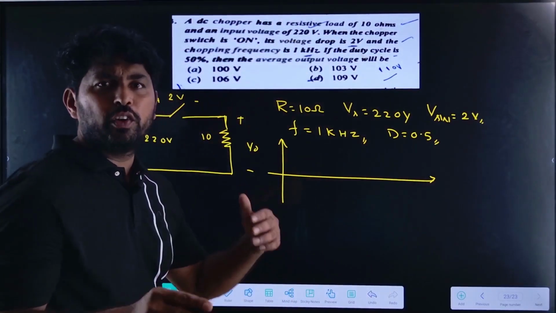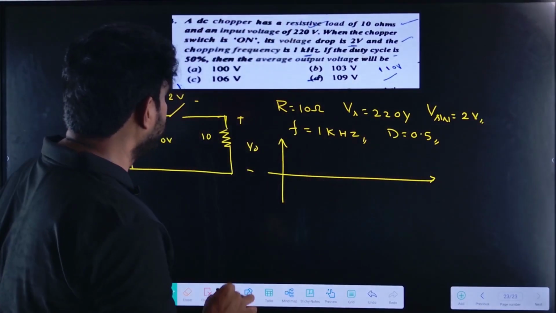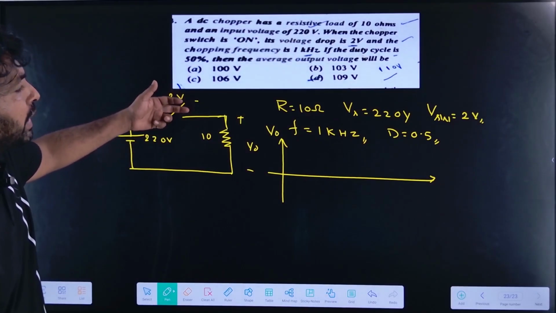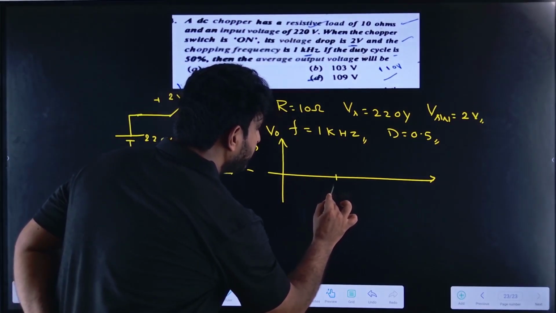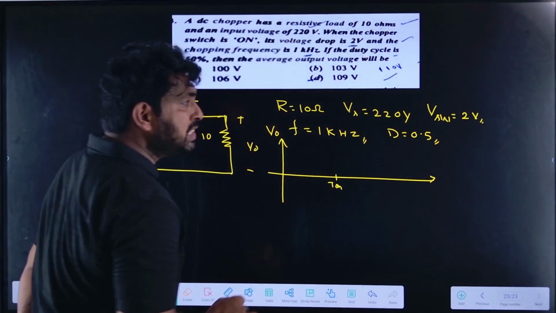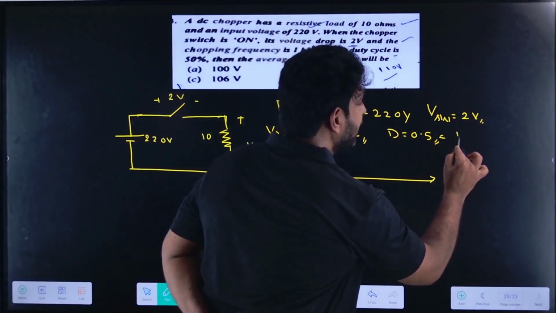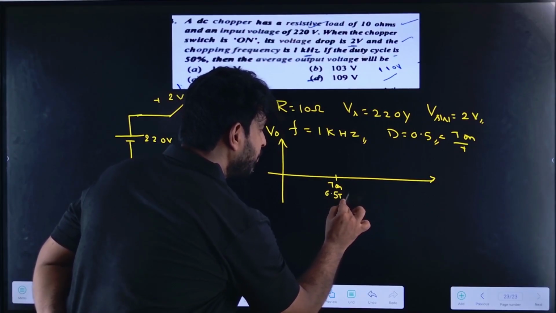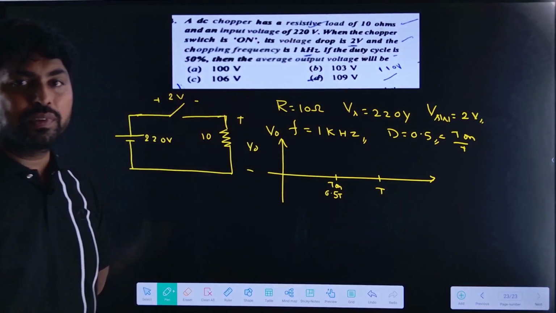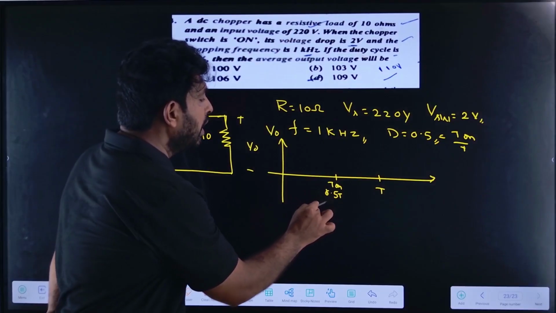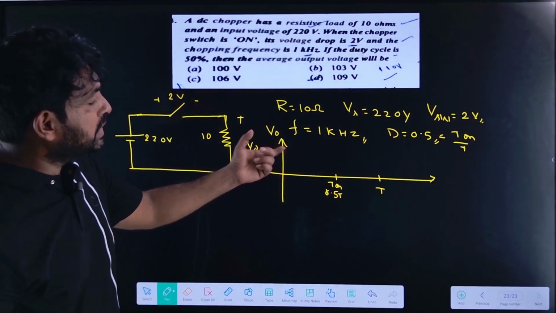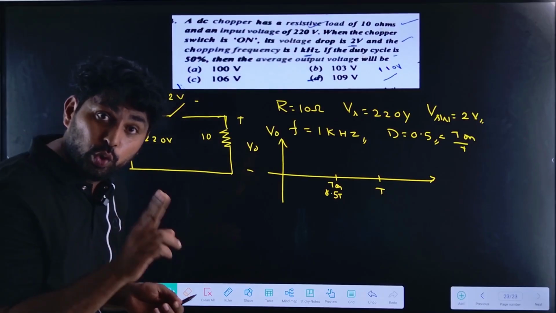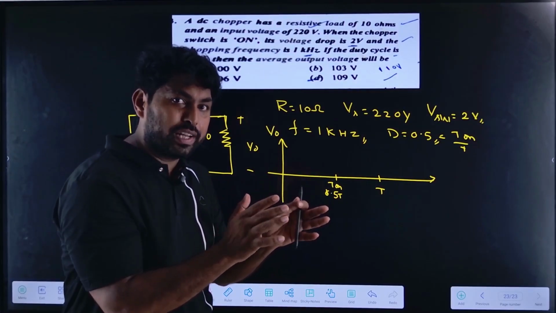If you know the concept, you can solve it in less than a minute, but let me explain clearly. When the switch is in on condition, up to T on, that is T on by T is 0.5, so half of the time, 0.5 T. When the switch is on, the voltage drop across the switch is 2 volts.